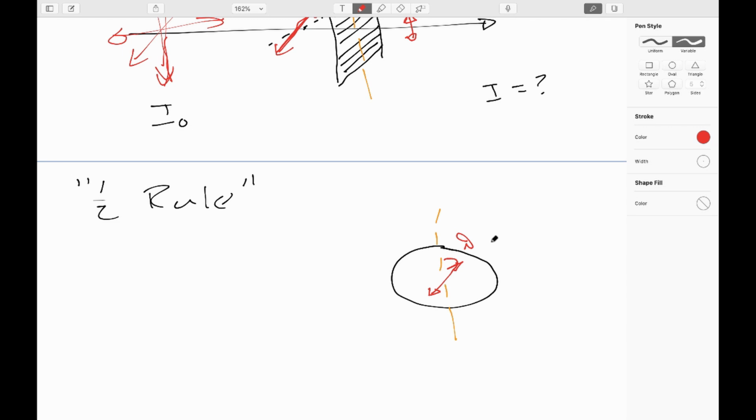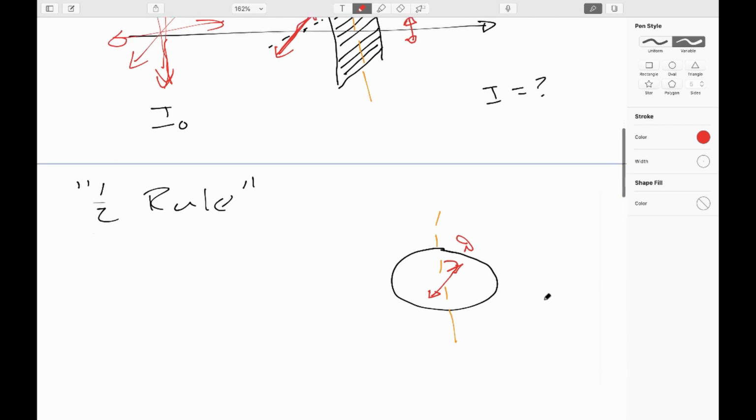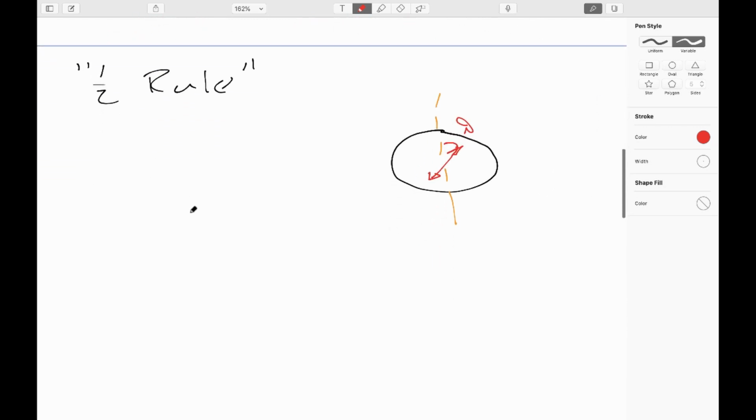Okay, so let's take a look at that electric field vector. This is our initial electric field vector. And then what gets passed through is just going to look like this. It will just be the vertical component of it.